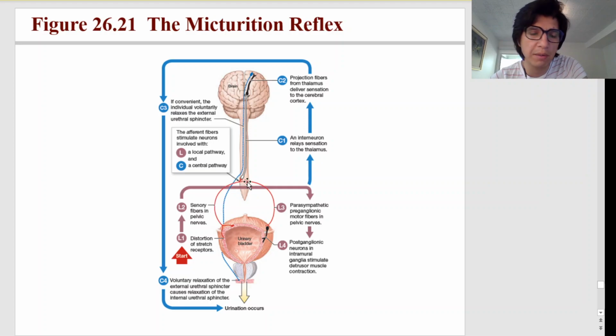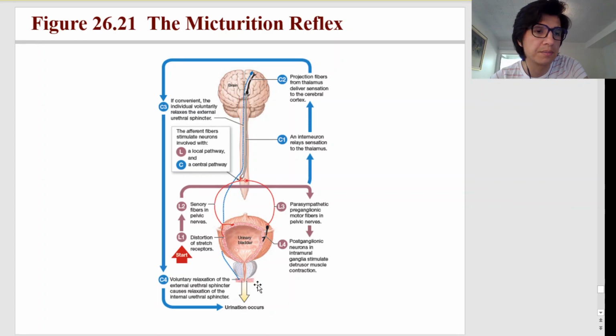Whenever we are young and still in diapers, this is a spinal reflex that eventually triggers muscles to contract the urinary bladder and release. But as we grow older, there is a central component that involves the thalamus, and this eventually leads to the conscious activation of this external sphincter that we alluded to earlier.